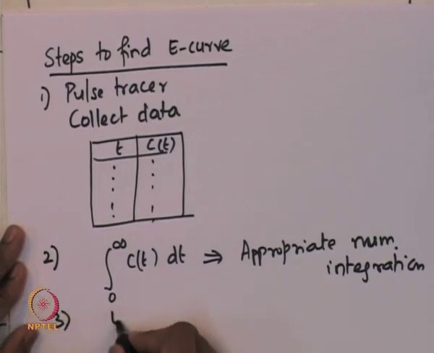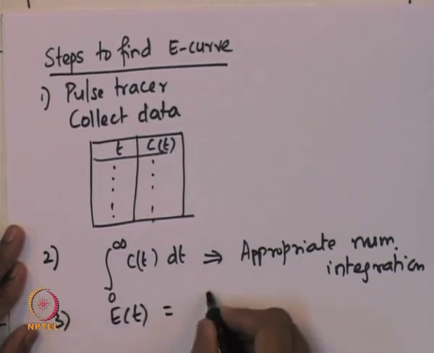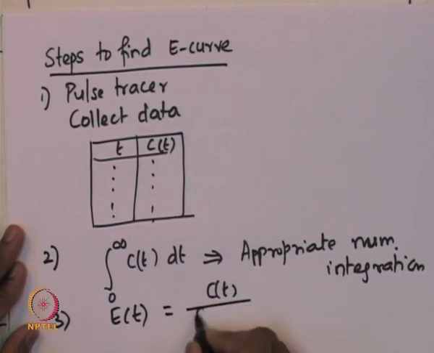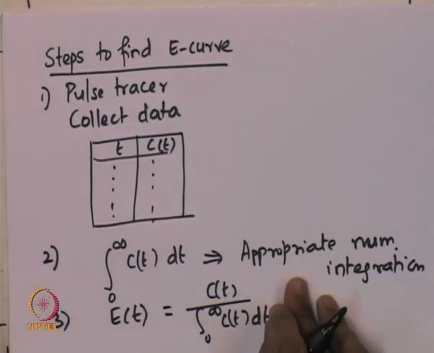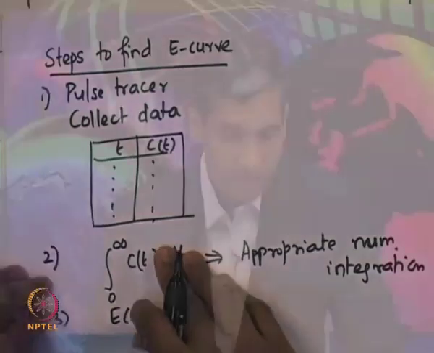The last step is to find E of t, which is C(t) divided by the integral from 0 to infinity of C(t) dt, that is, the area under the curve. So, these are the three steps to be followed in order to find the E curve.